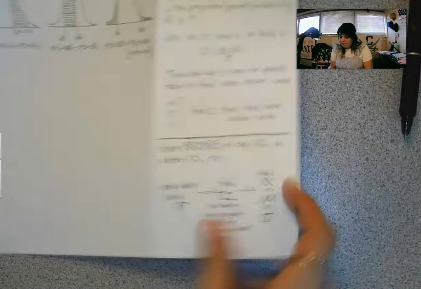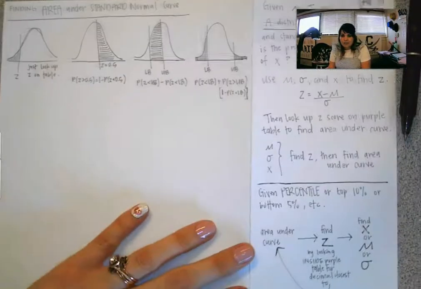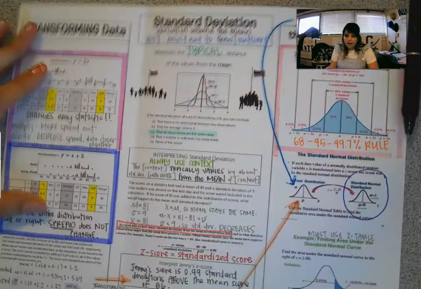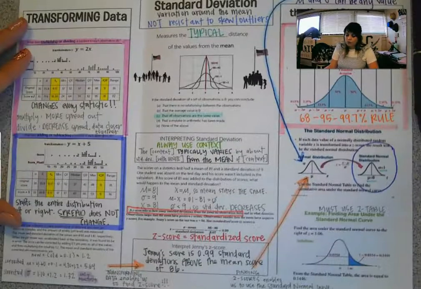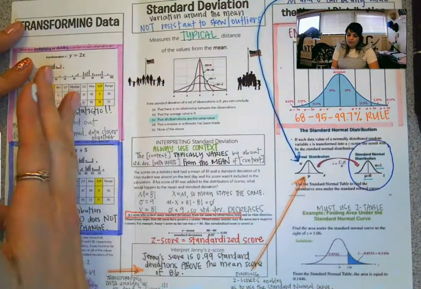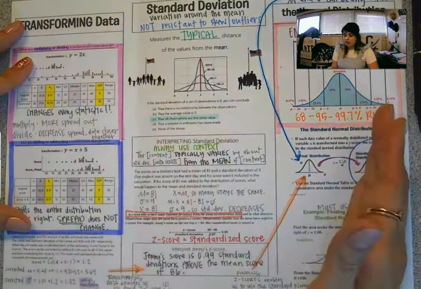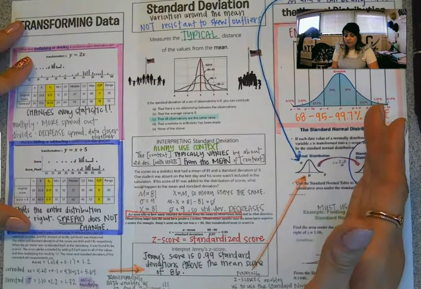The back of my overview looks like this because I've added in the things that I needed to remind myself of. The front of my overview has the things that I showed you. Remember that these are all related. Transforming data allows us to find Z-scores, and Z-scores allow us to use the standard normal curve.